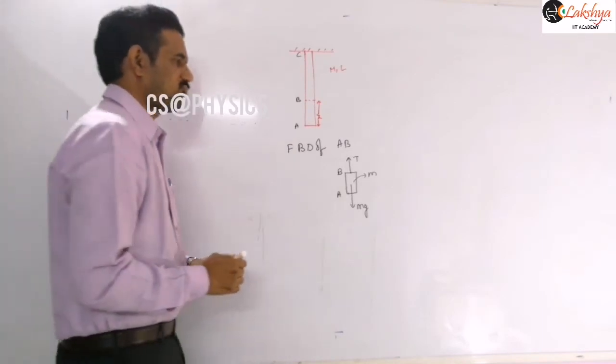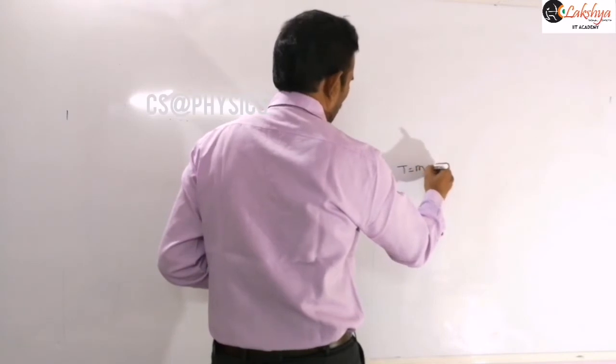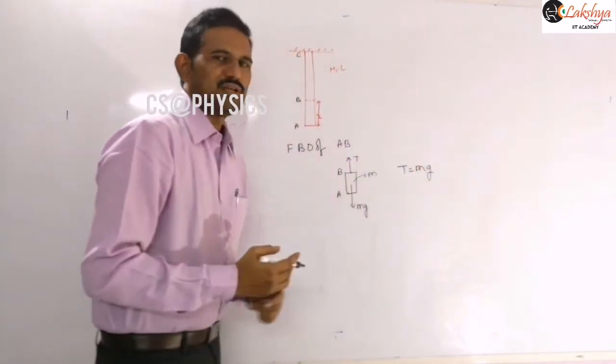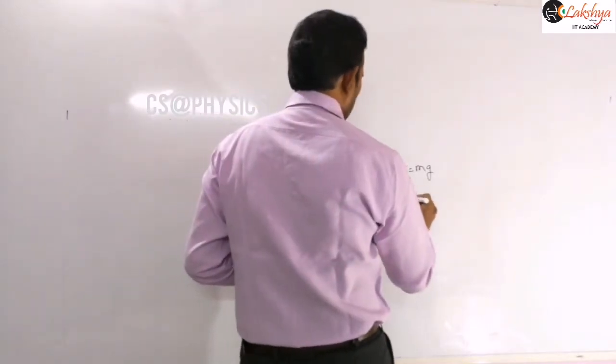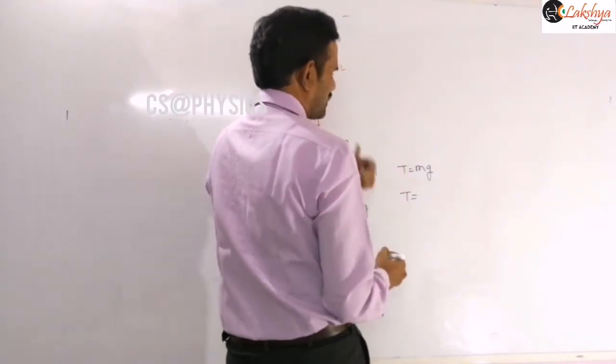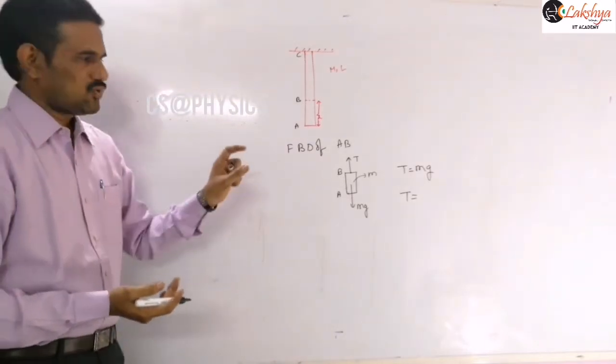So when it is in equilibrium, then you can write this tension T is equal to mg. And now this can be written as, same as our previous problem, mass per unit length into length of this part.